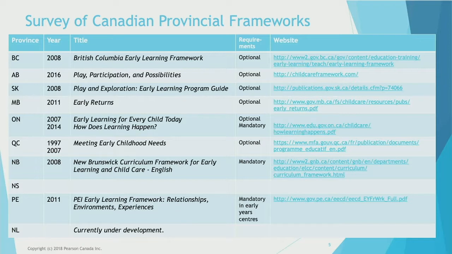Ours in Manitoba is called Early Returns, and we've talked about the early returns, or the return on investment, in previous chapters, previous textbooks. The basis of children coming into education environments at a young age is that it allows them the opportunity to really interact, get involved, and build on their development and their skills.